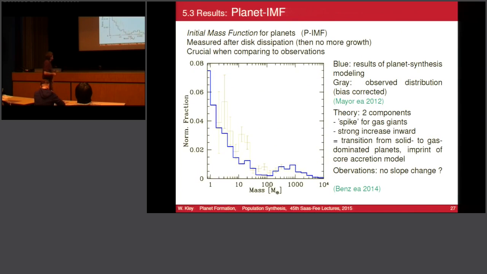Okay. Second, which is a very important outcome of these simulations, is the so-called planetary IMF, the planetary initial mass function. For stars, this is of course well known. Yes, there's the stellar initial mass function, Salpeter and others, since 50 years and more. Okay, so this is basically the number of stars here, number of planets per mass bin.